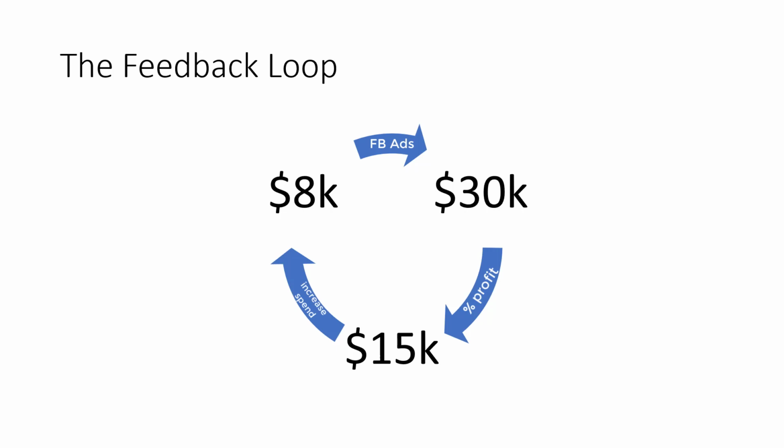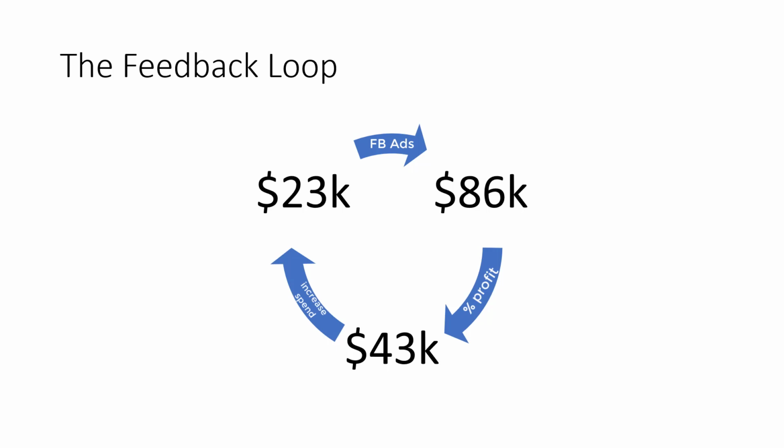So we're gonna show you how to take, for an example, 50% of your profit, just 50%. And that equals $15,000 in this situation. And we put it into the ad spend for the next month. So instead of $8,000, we have $23,000. Now $23,000 at 3.75x your money is $86,000.